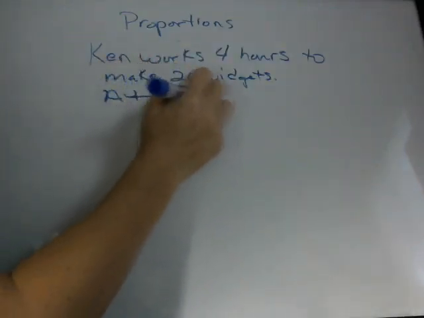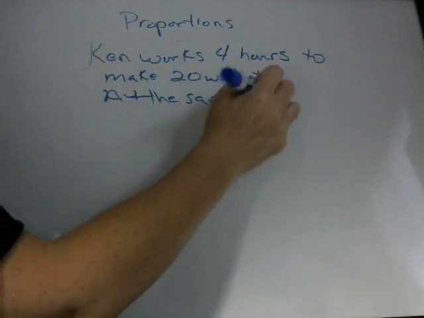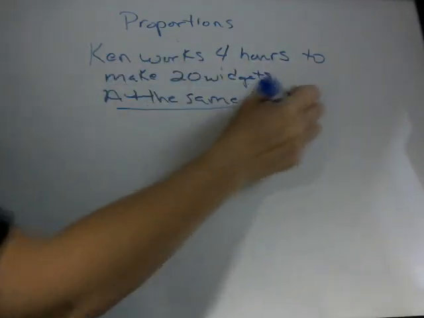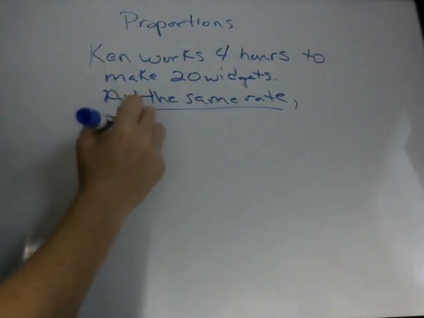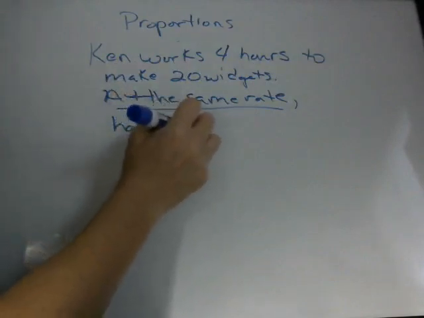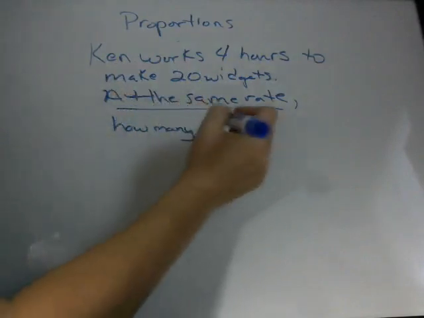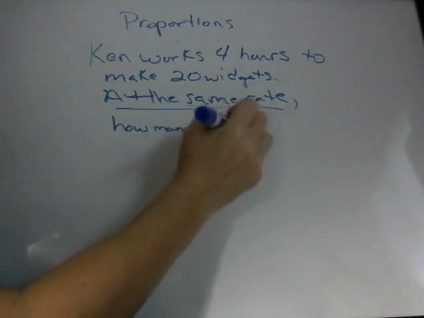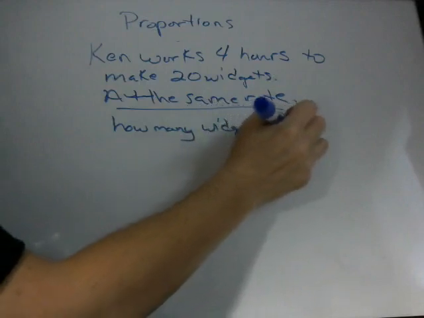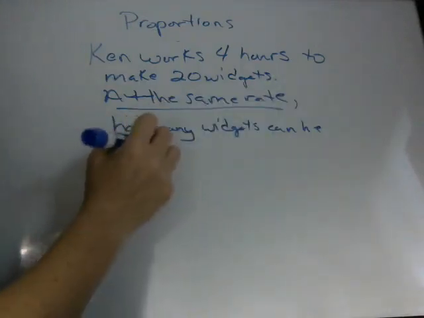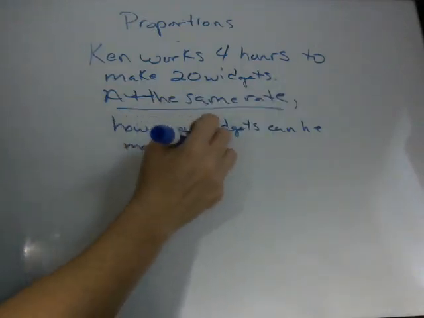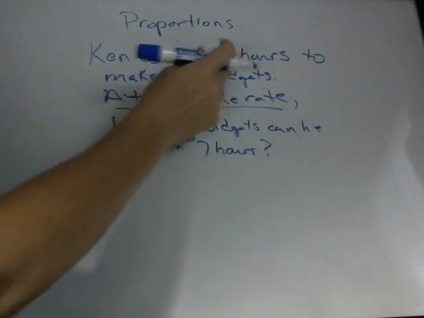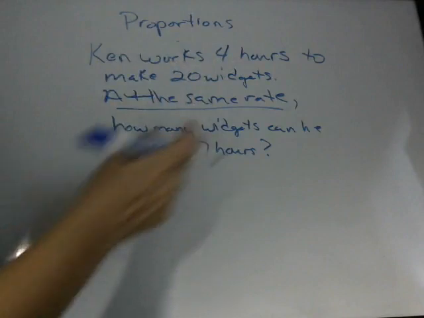At the same rate, and that is a key to know you're going to have to do a proportion problem. When you see at the same rate, how many widgets can he make in 7 hours?